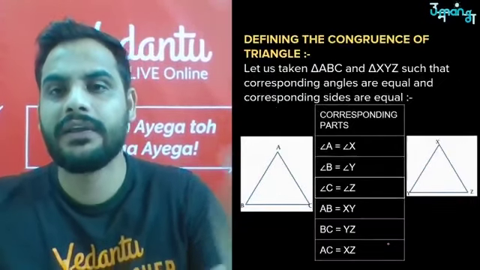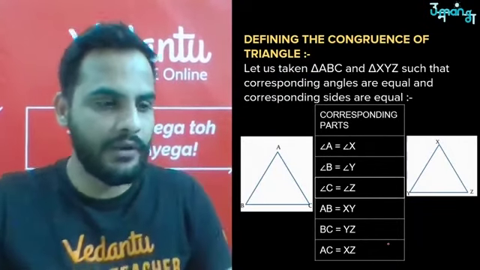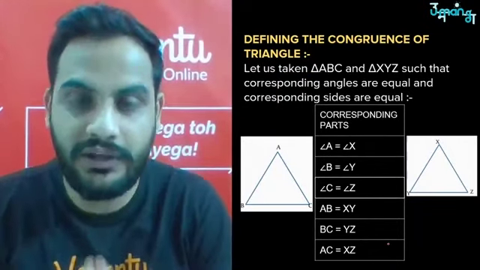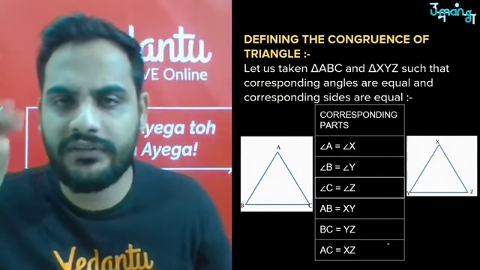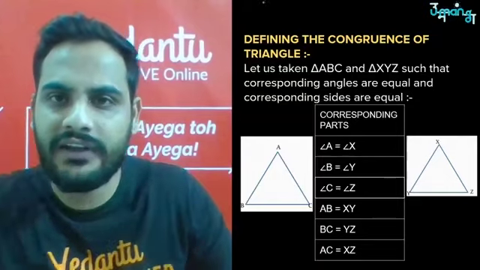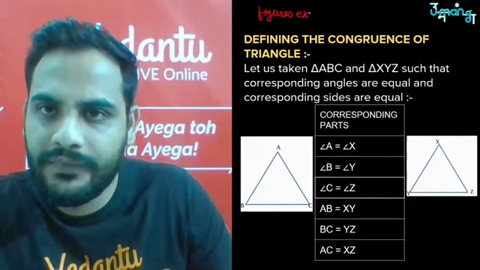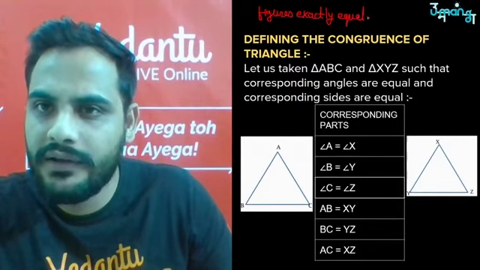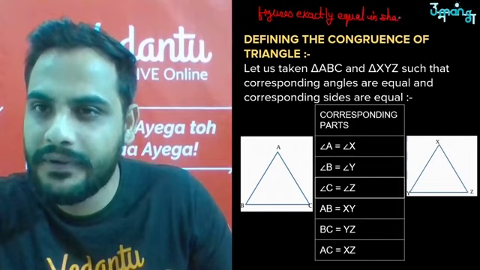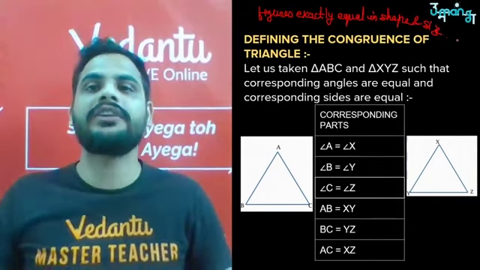Now, if we talk about the congruency of a triangle, what do we mean by congruency? First, understand the meaning of congruency. Congruency means two figures are exactly equal in shape and size.